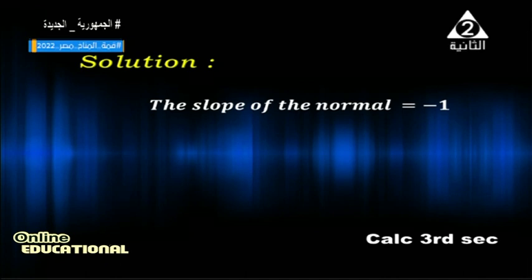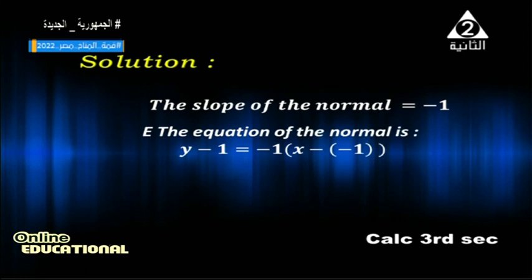Now, the slope of the normal equals negative 1 over the slope of the tangent. Then the slope of the normal equals negative 1. What is the equation of the normal at the point (-1, 1)? y minus y1 equals negative 1 over m, which is the slope of the normal, times (x minus x1).